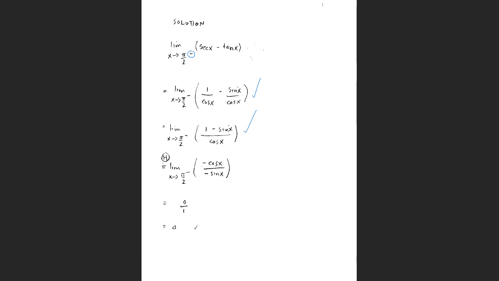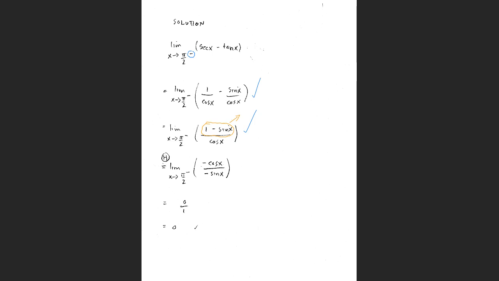Now, let me ask you, as x approaches pi over 2, what does 1 minus the sine of x approach? Well, what's the sine of 90 degrees? 1.